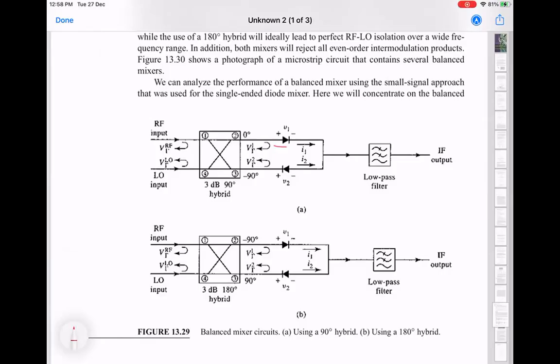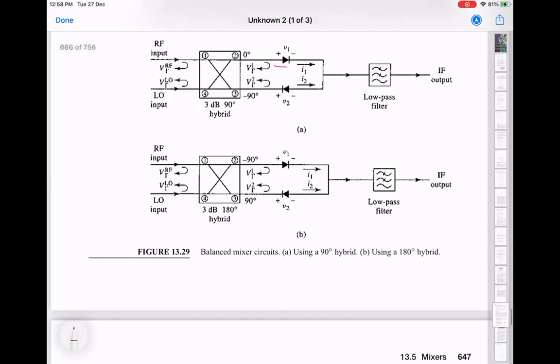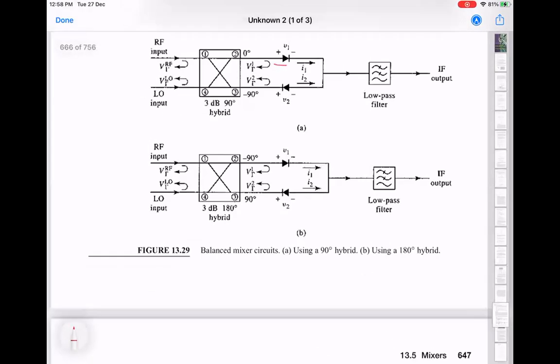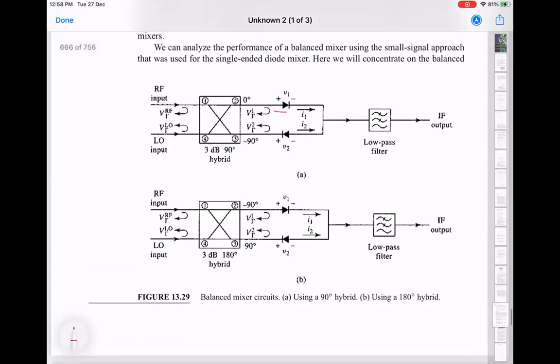I'm not going to go into the detail because this is not something even in practice one ever constructs themselves. But you can build upon this, and you can even have something called double balanced mixers or triple balanced mixers, which use more diodes to create more symmetries to cancel out as many unwanted terms as you can, to give you a fairly clean output, which means that you only get the product of the two frequencies, and all the other kinds of terms are suppressed as much as possible.